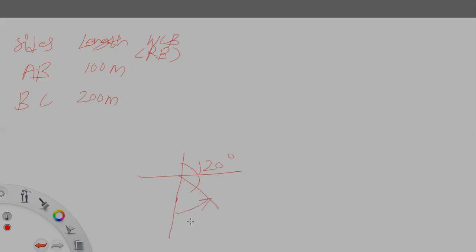You can convert it as follows: this is east, west, north, and south. 180 minus 120 will be 60 degrees. This will be your 60 degrees, right? 60 plus 120 is 180. So this is now your 180.